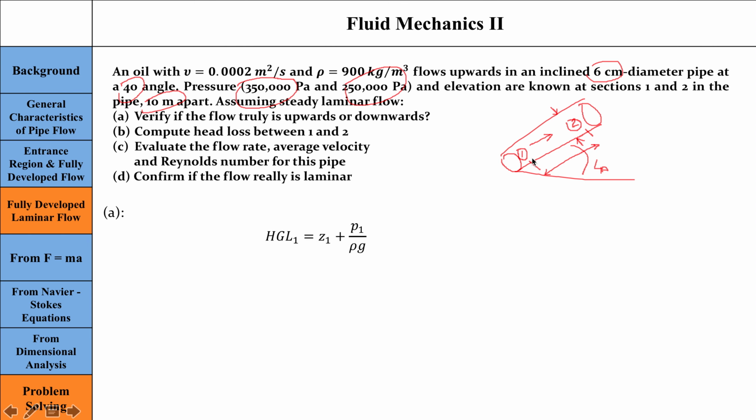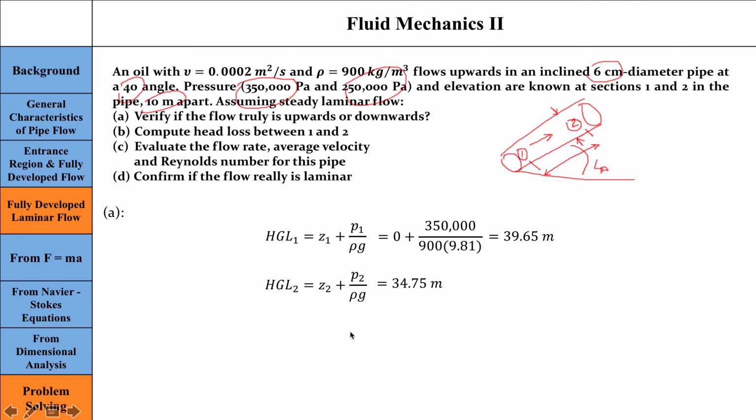So HGL at section 1 is going to be equal to Z1 plus the pressure term divided by the specific gravity. Because I already have the values for this, I can just plug them in. The elevation Z1, I'm going to assume is 0, and Z2 is at 10 meters. So I'm going to plug them in and find out the HGL at section 1, and I can do the same thing and find out the HGL for section 2.